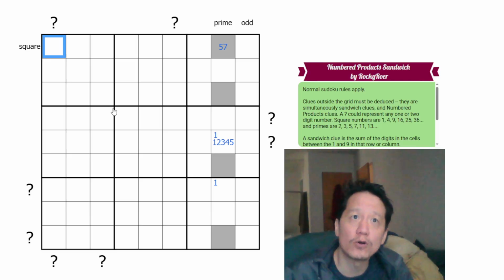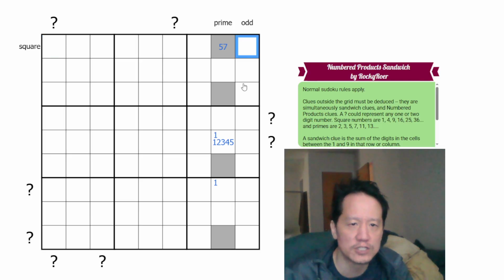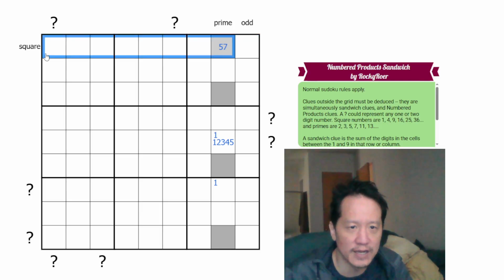9 does not work because it has to be, well, actually 9 could work. No, 9 could not work because 9 would mean that the 1 has to be in the 1 spot. So this would be 9 times 1 to add up to 9. But then everything in between would add up to 35. So 9 is out. 25 is out for a slightly different reason.